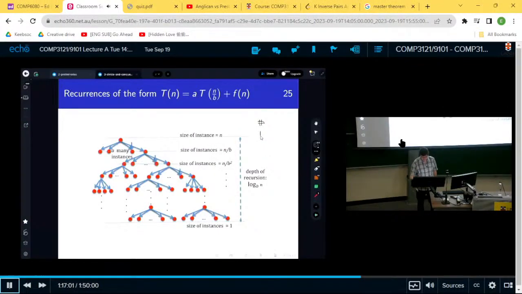So we have one instance at the top level, then we have a instances at this level.